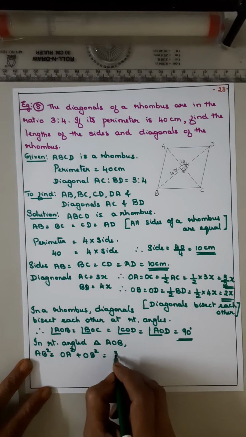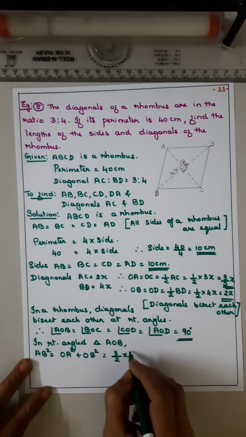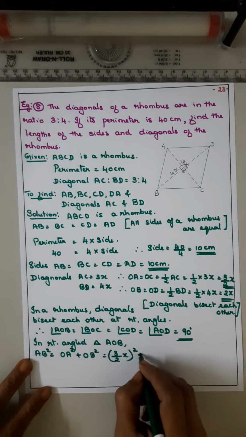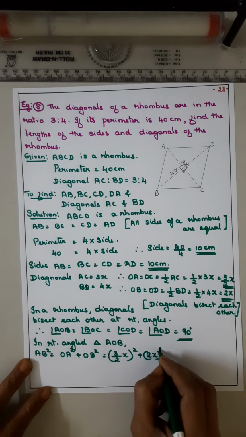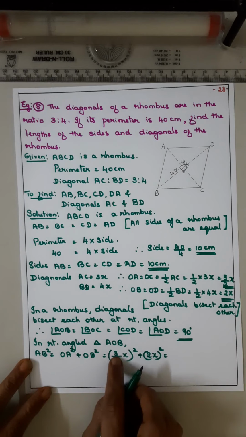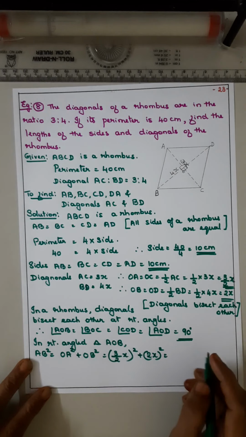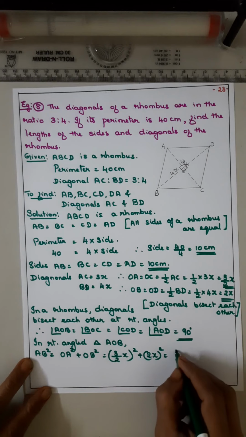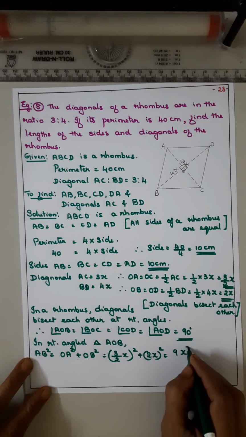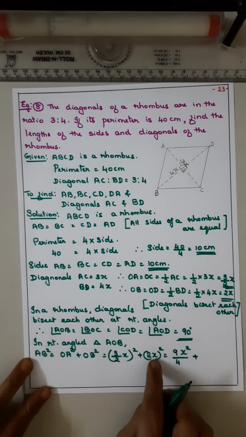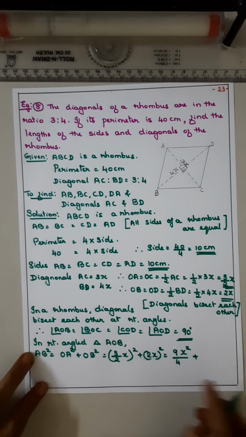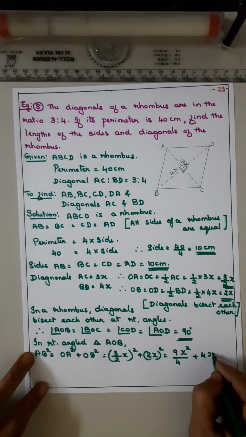OA is 3 by 2x the whole square plus OB is 2x the whole square. That means this becomes 9x squared upon 4 plus 4x squared.